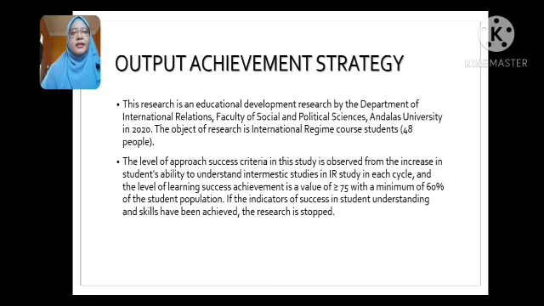This research is an educational development research by the Department of International Relations in 2020. The object of this research is the International Regime course. There are 48 people.